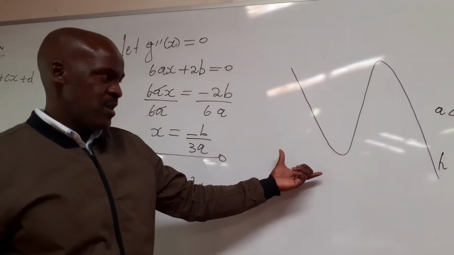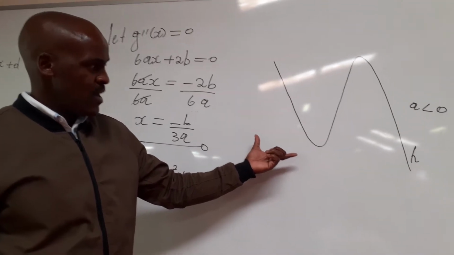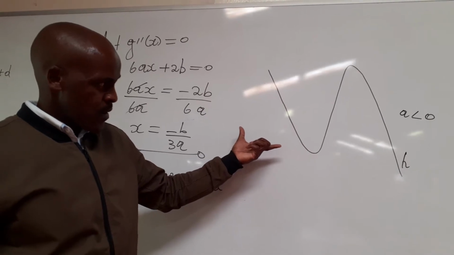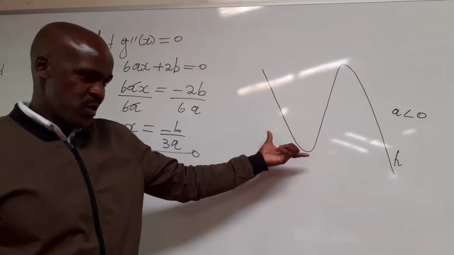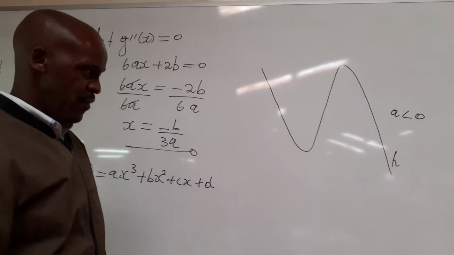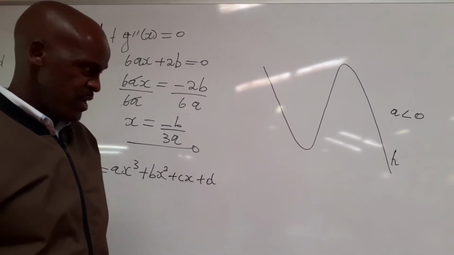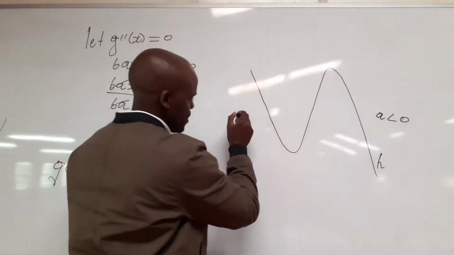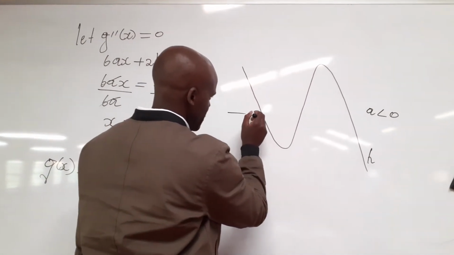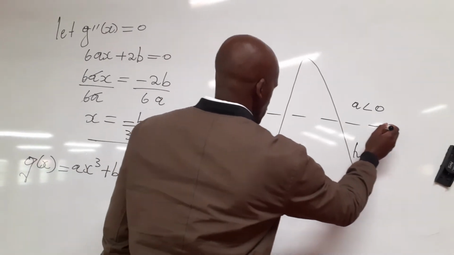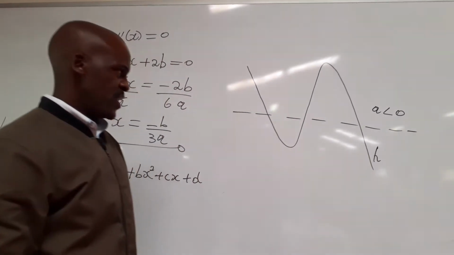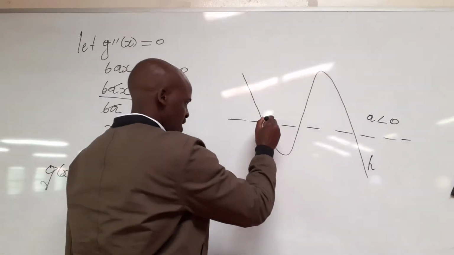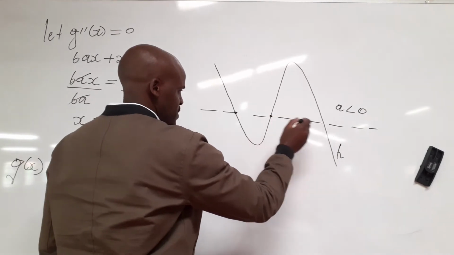We are not saying it will have 3 roots. Remember that the roots are the x-intercepts. We do not know how many roots it will have until we have our Cartesian plane. So if you were to draw a horizontal line like that, the horizontal line will cut this graph 3 times.